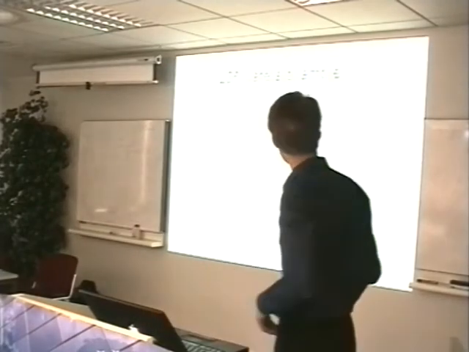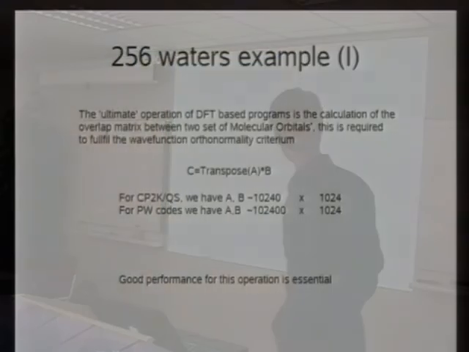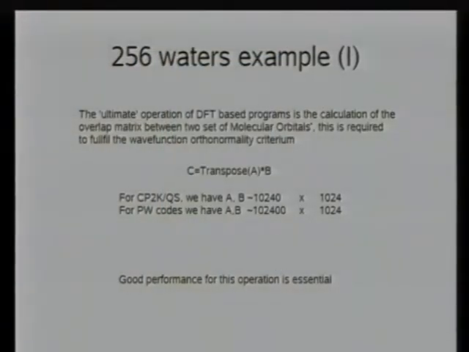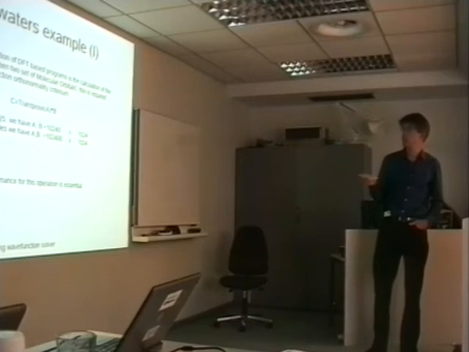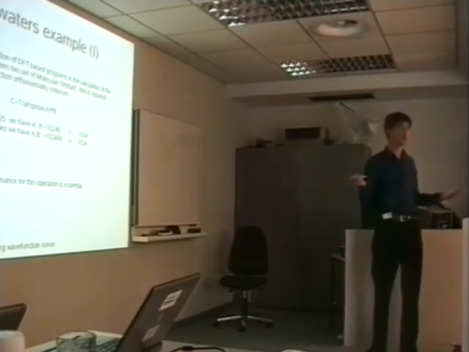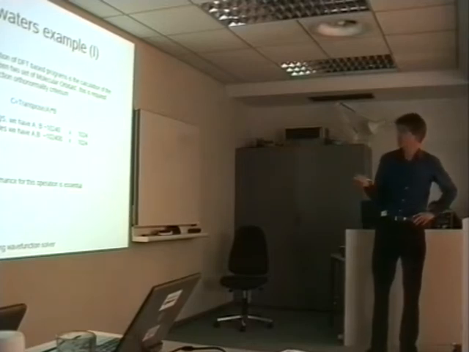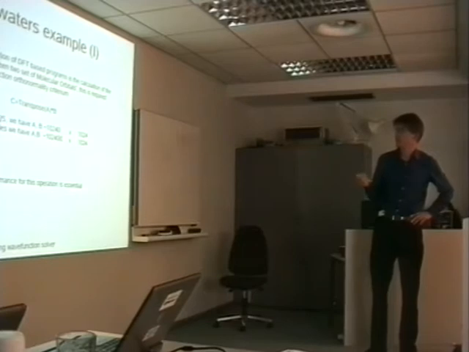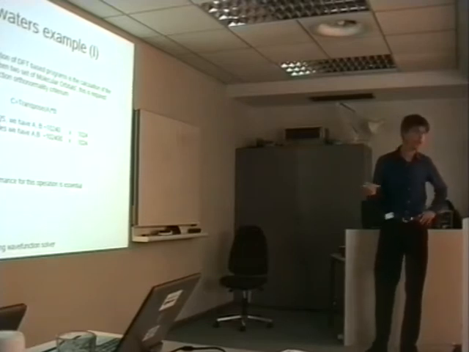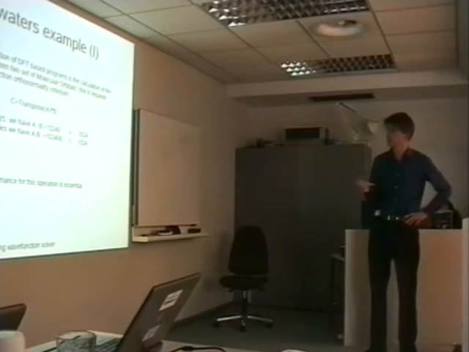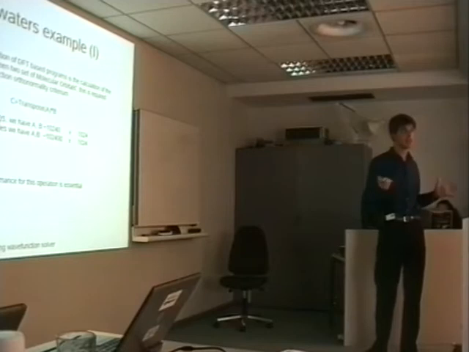Let's look a little bit at this. I actually repeated the numbers here. The ultimate operation for a DFT code is this linear algebra operation: you have to compute an overlap of the wave functions, so the transpose of A times B. In CP2K, because we have Gaussian basis sets, the dimensions are about 10,000 by 1,000 for 256 waters, while for a plane wave code, the typical code that normally scales rather well on these kinds of architectures, the number of basis functions is much larger for the same system.